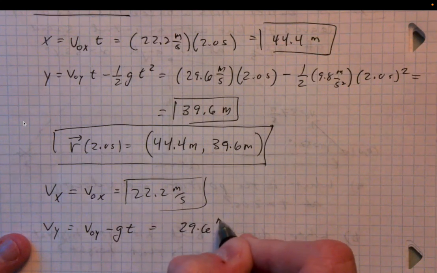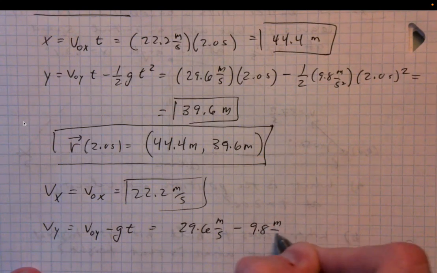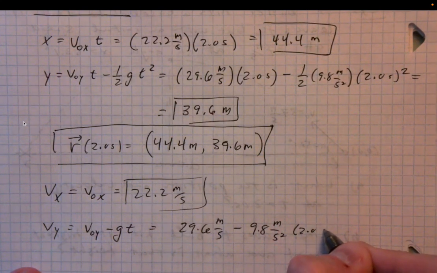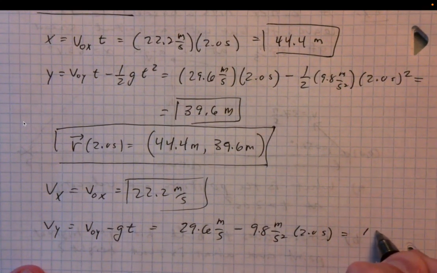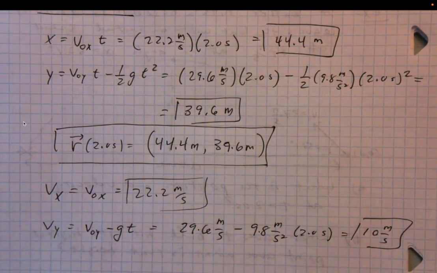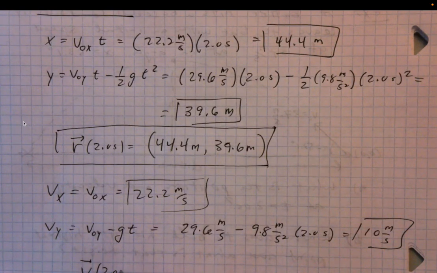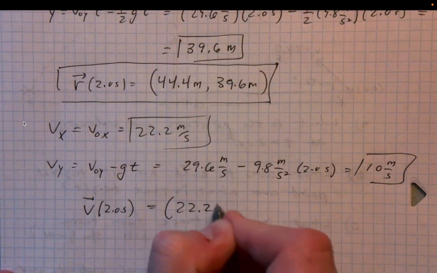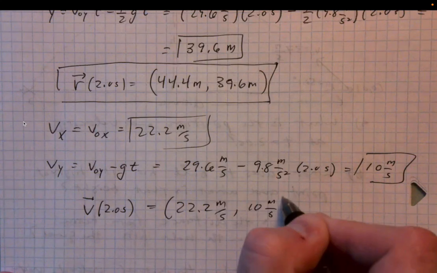So we've got 29.6 meters per second minus 9.8 meters per second squared times 2.0 seconds. Okay, so you plug all of that in and you'll find you get 10 meters per second. Okay, so the velocity at 2 seconds is equal to 22.2 meters per second in the x direction and 10 meters per second in the y direction.